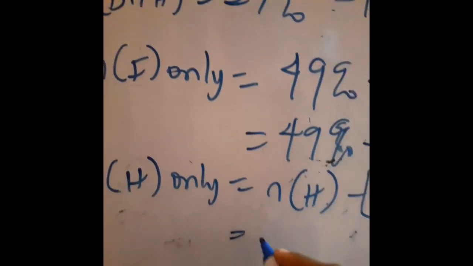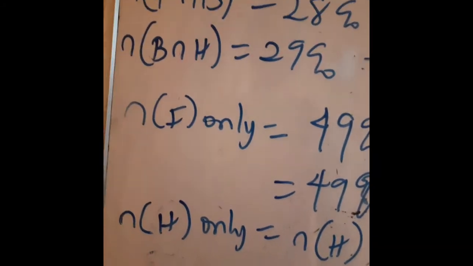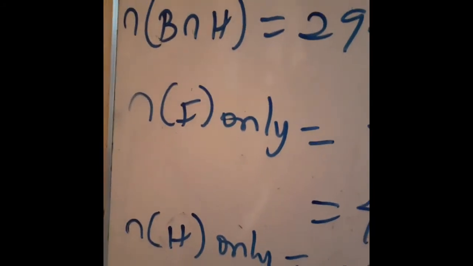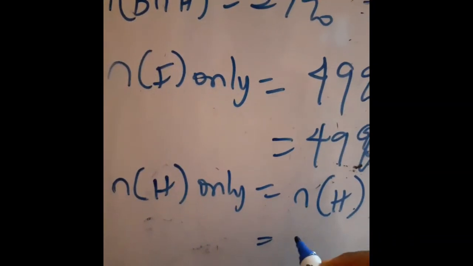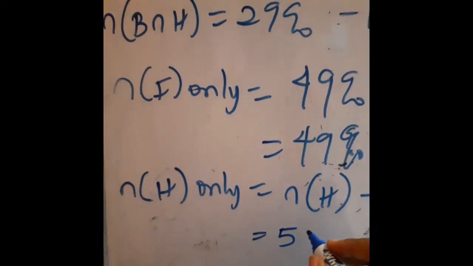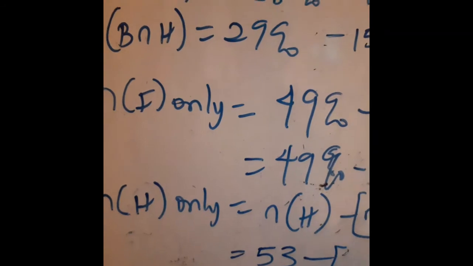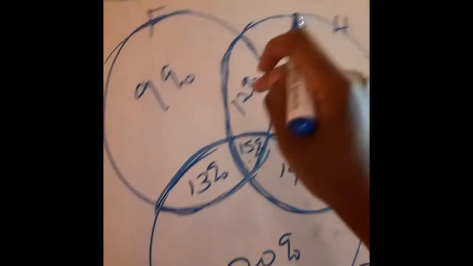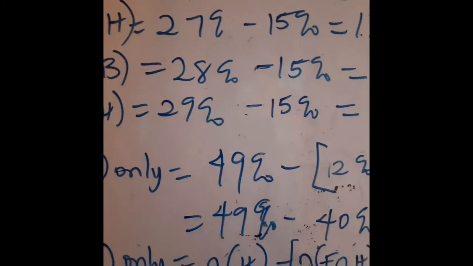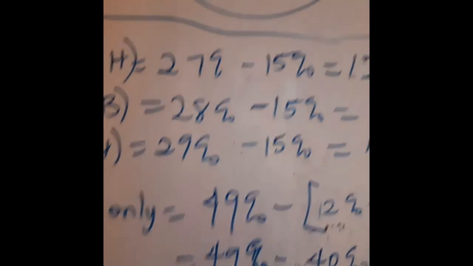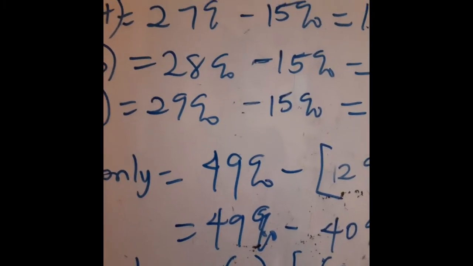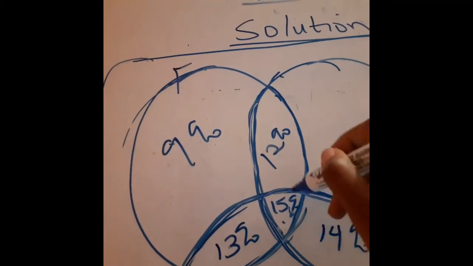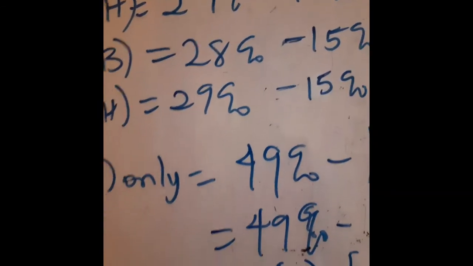So this gives us N of H from the question, which is 53. Those that like hockey only, which is 53 minus F intersection H, which is 12, plus B intersection H, which is 14, plus the intersection of all three, which is 15.